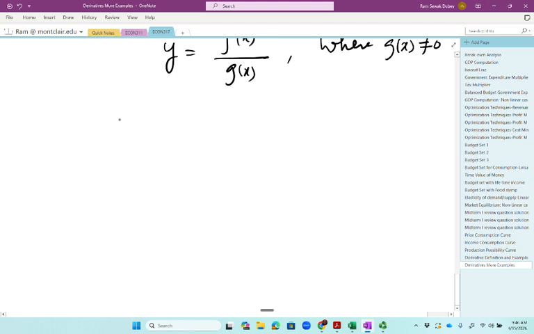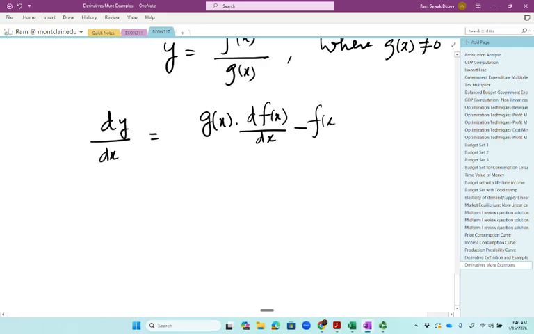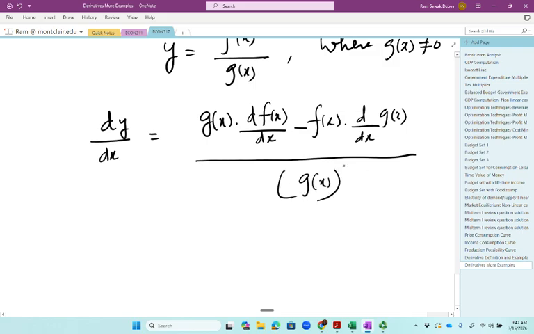And now I will write down the formula for the derivative of the quotient. So dy over dx is the function in the denominator g of x times the derivative of the function in the numerator minus the function in the numerator times the derivative of the function in the denominator, and then I divide it by g of x squared.